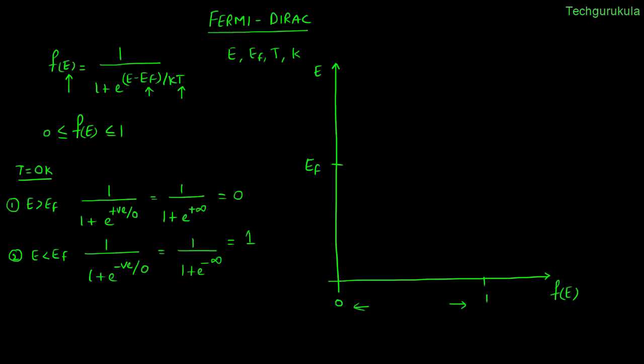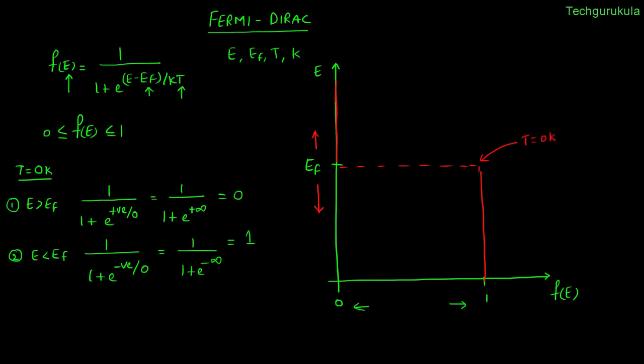For T equals 0, the f of E value for E greater than EF is 0, and for E less than EF, which is below EF, the probability is 1, so the f of E value is 1. So this graph is for T equal to 0 Kelvin.